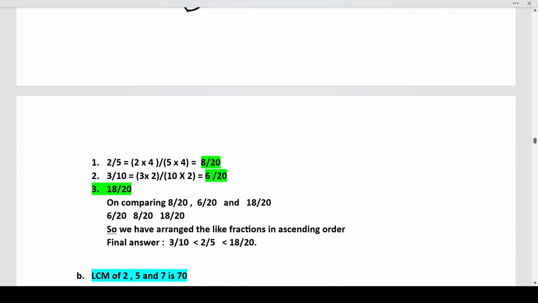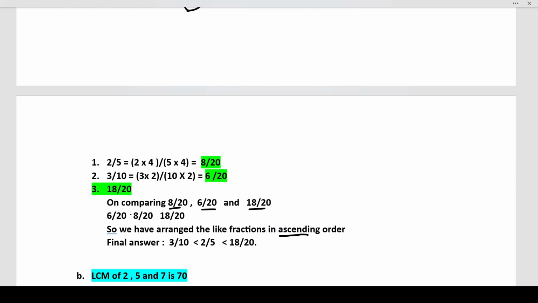2 by 5 can be made into 8 by 20. 3 by 10 can be made into 6 by 20, and 18 by 20. Now when we compare 8 by 20, 6 by 20 and 18 by 20 where the denominators are the same, see 6 by 20 first, 8 by 20 and 18 by 20. Now we have to arrange the fractions in ascending order. Ascending order means small to big.